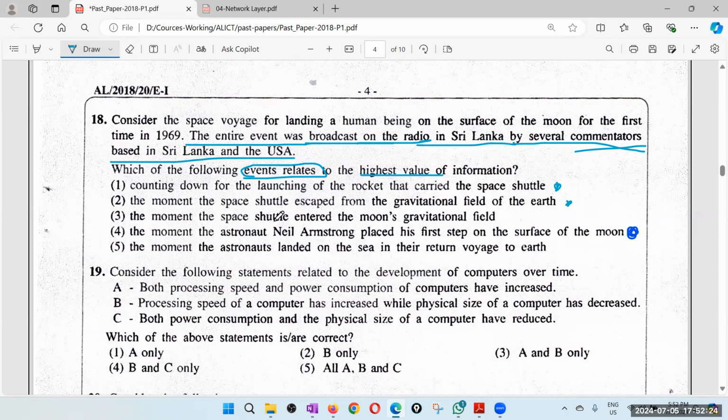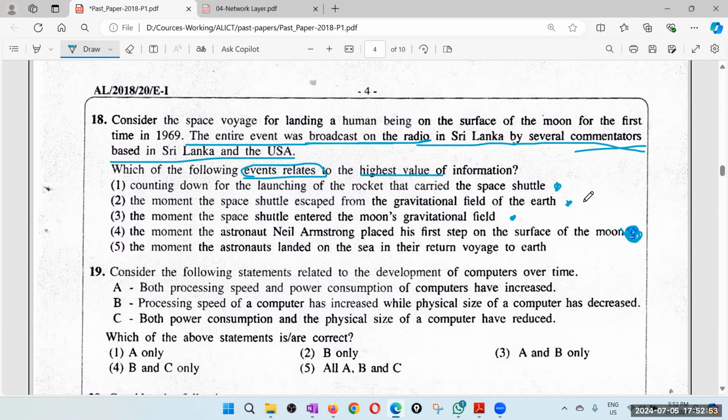The moment the space shuttle entered the moon's gravitational field. Okay? The moment the astronaut Neil Armstrong placed his first step on the surface, yes. So that is what everyone is interested in, because that was the objective. Because even before this, we had sent rockets to space. This is the first time we sent a man to the moon.